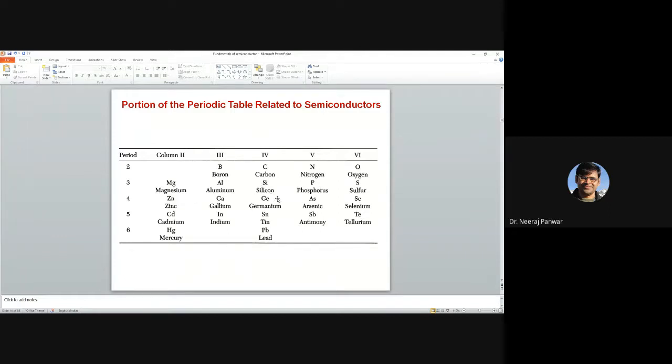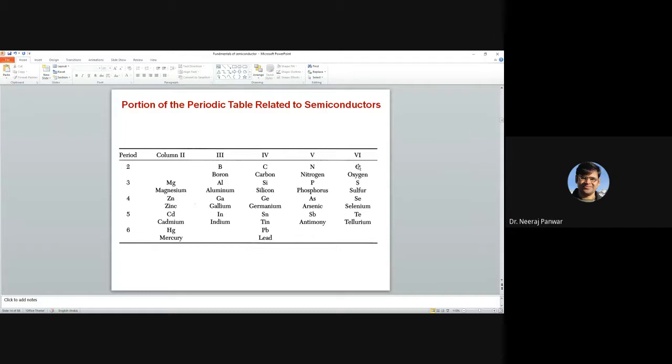Not only that, we can also have semiconductors like this. If we choose zinc from group 2nd and oxygen from group 6, then it makes zinc oxide, and it is a very useful semiconductor. Many devices are made based on zinc oxide semiconductor.